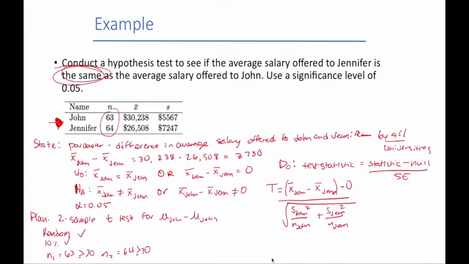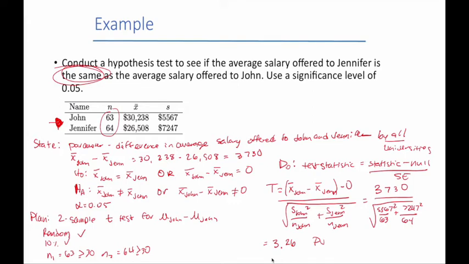And we plug all of our numbers in, and that is 3,730 over the square root of 5,567 squared over 63 plus 7,247 squared over 64. Put all that in our calculator, and that's a t of 3.26.